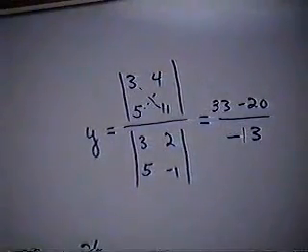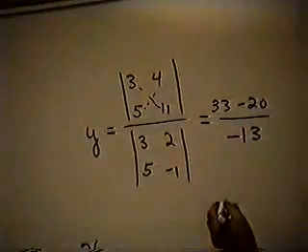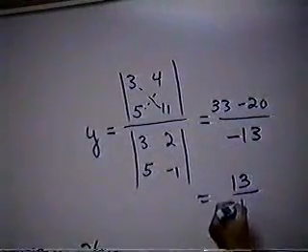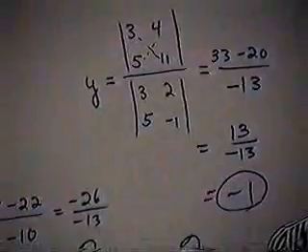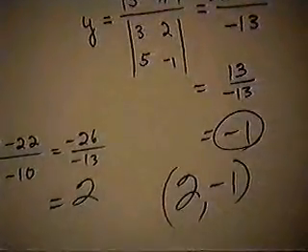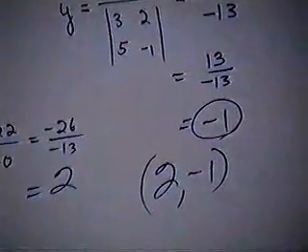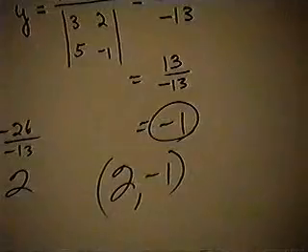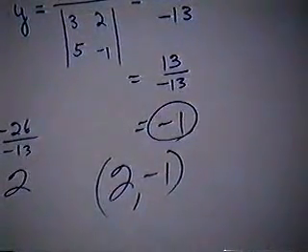This denominator was a minus 13 when we did the x. So what do we have here? We have 33 minus 20 is 13, divided by minus 13, and so we get a minus 1. So the solution is x is 2, y is a minus 1. See how nice Cramer's rule is? It's really a good, nice way to get the job done. Trouble with it is it only works with 2 by 2s and 3 by 3s.